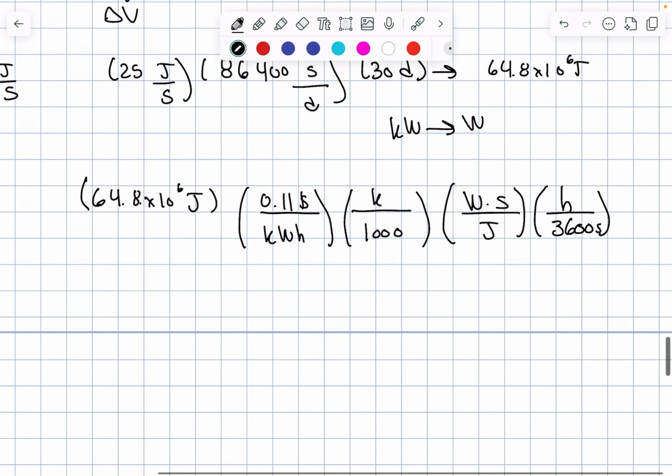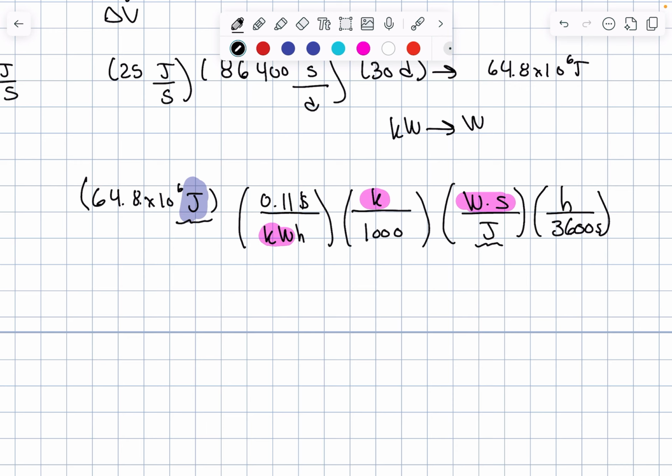So essentially what I did is I started off with, okay, well, this is how much energy that I'm consuming in the month. This is the price. Kilowatts, I'm going to try to get rid of that. So here I have the kilo part of the kilowatts. And then I'm also translating from watts to second to joules.